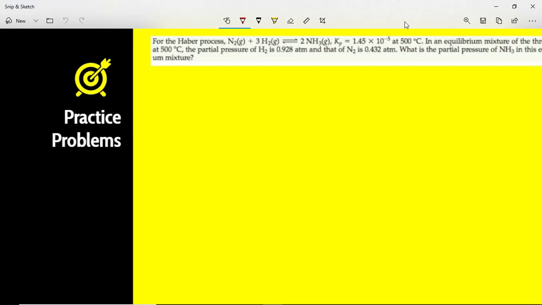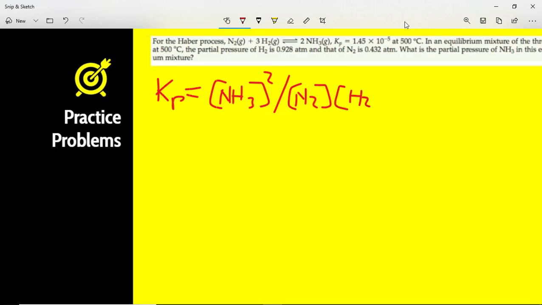So the first thing we need to do is, again, set up our equilibrium expression. So Kp equals NH3 squared divided by N2 times H2 cubed. So in this problem, we're given the partial pressure of hydrogen, nitrogen, and Kp. So now we have to solve for NH3.